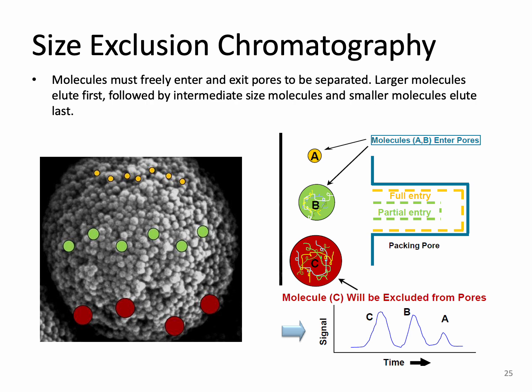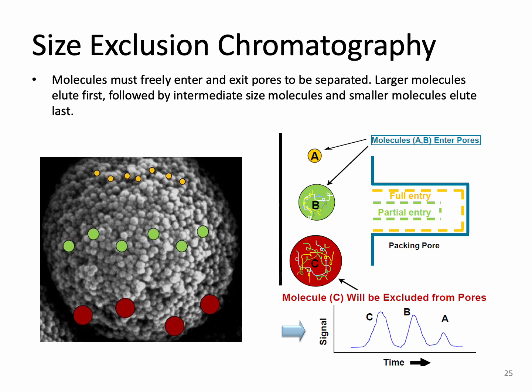So here, if you have 3 types of molecules, A, B, and C, having 3 different diameters, after injecting the sample containing a mixture of A, B, and C, we are going to be able to collect first C at, for example, 10 minutes.